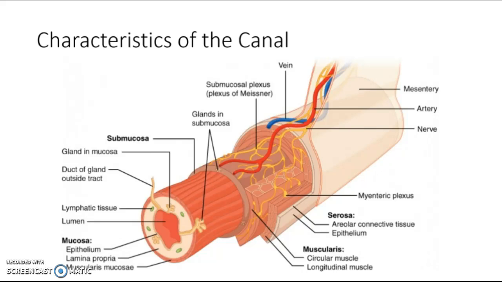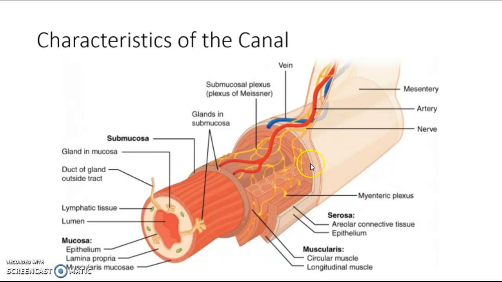These layers are known as the mucosa, which is right here. It's the inner layer. Then there's the submucosa right here, which surrounds the mucosa. And then there's a muscular layer right here. The muscular layer surrounds the submucosa. And then we have the serosa, which is the surface layer right up here.